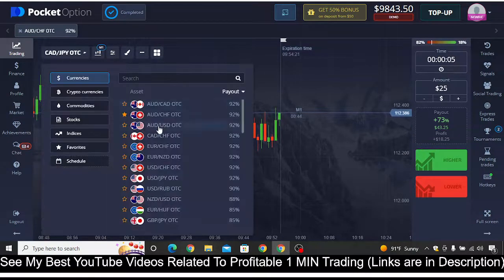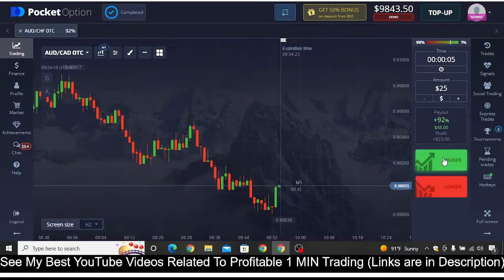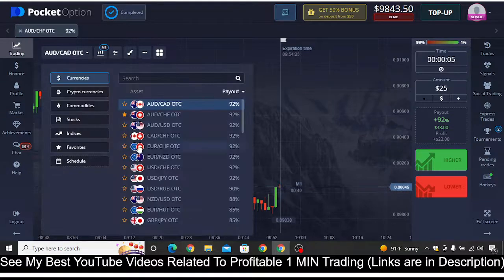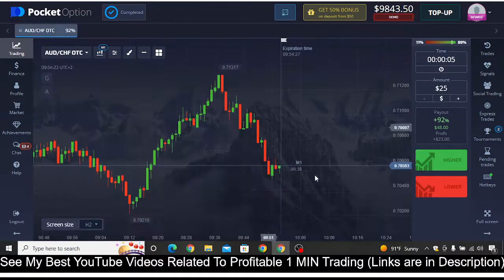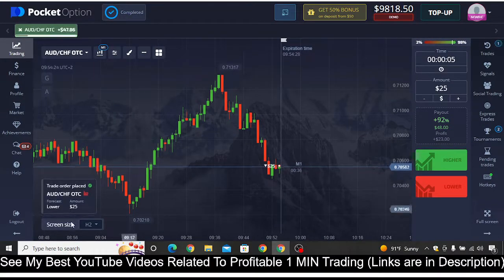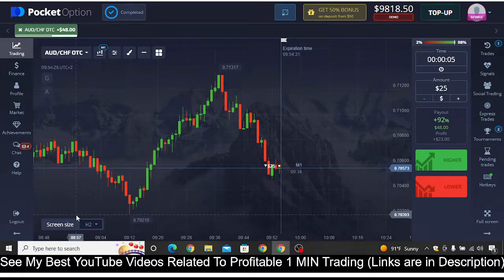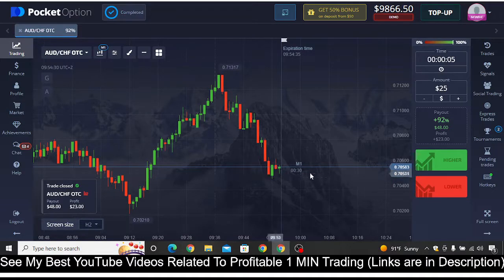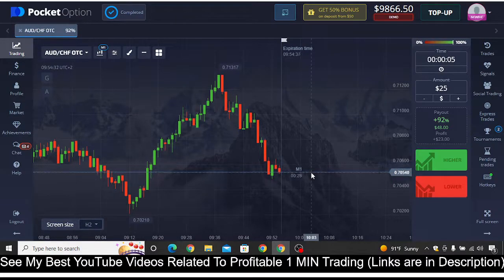So it is also not clear. So again we can go to the top, and it is also a little bit unclear. So this seems properly down. So let's make a trade by clicking on lower. Made a profit. So in this way you can keep on trading and keep on increasing your fund.